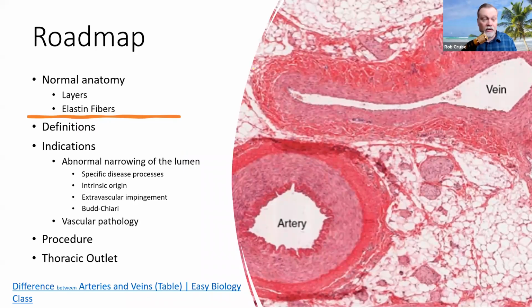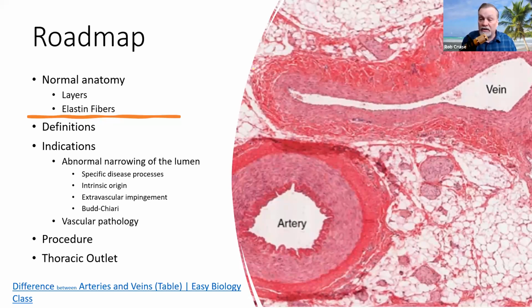Today's roadmap is going to cover normal anatomy. So we're going to take a look at the layers of the normal vessels. Also take a look at the elastin fibers and why they are important in angioplasty. We'll define a couple of words so we know we're on the same page. We're going to take a look at specific disease processes.